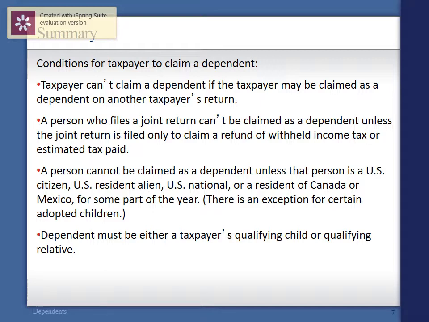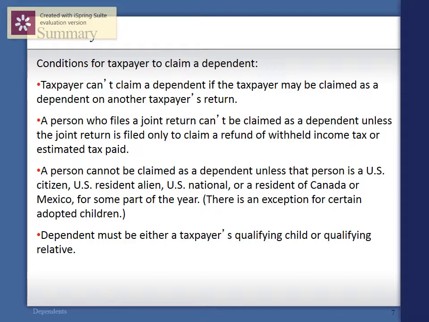A person who files a joint return can't be claimed as a dependent unless the joint return is only filed to claim a refund of withheld income tax or estimated tax paid. Now, this is a new element we haven't spoken about yet, but it just means that, let's say, you're a young adult and you got married, but your parents are still supporting you.